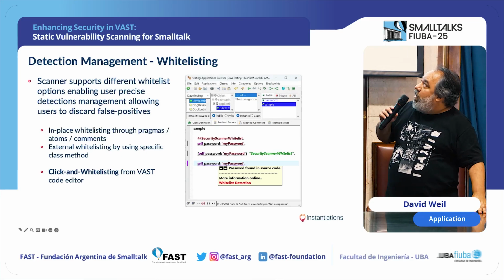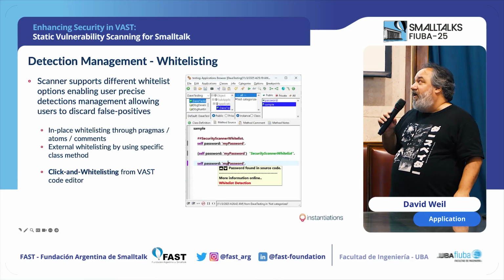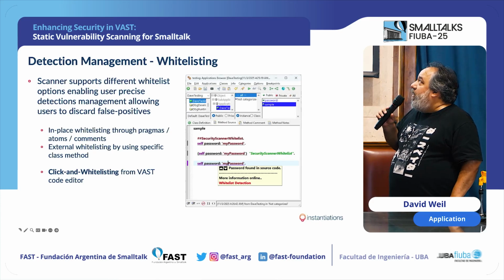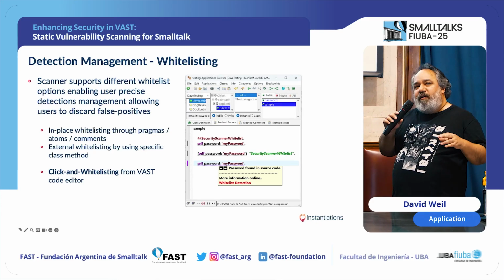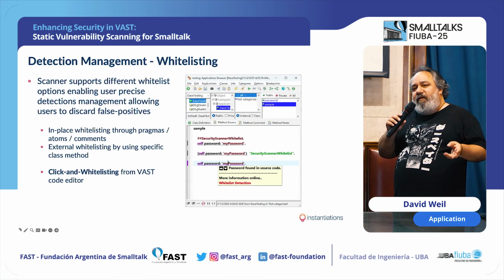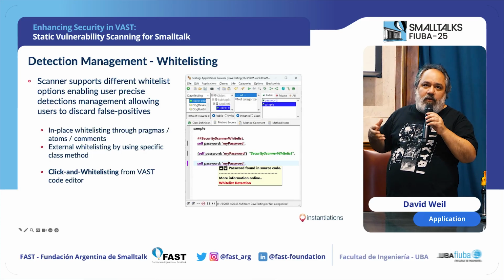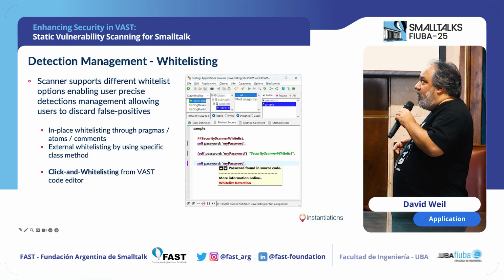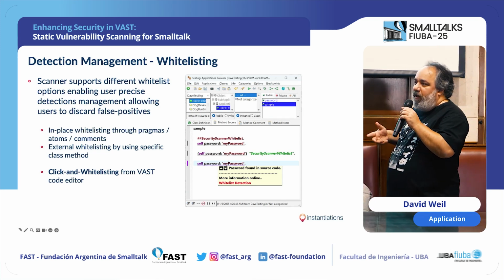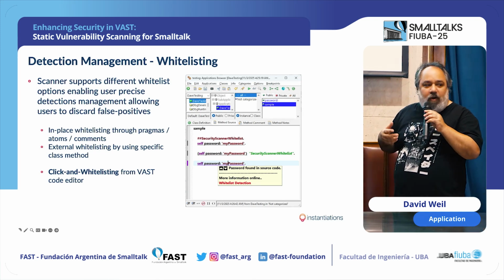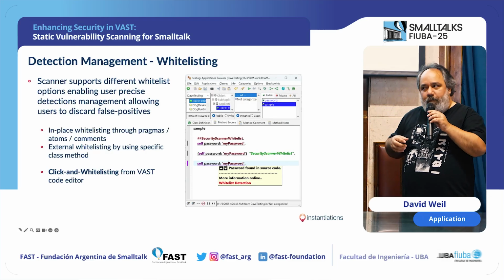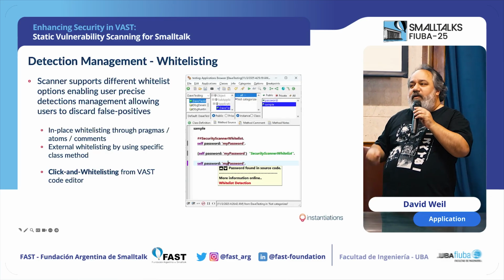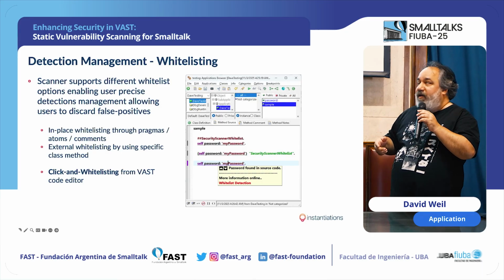One other feature that is very important for us is that we created ways to whitelist vulnerabilities, which allows the users to handle and process them in different ways. For example, by marking a vulnerability as a false positive or as one to fix, or giving them priorities.